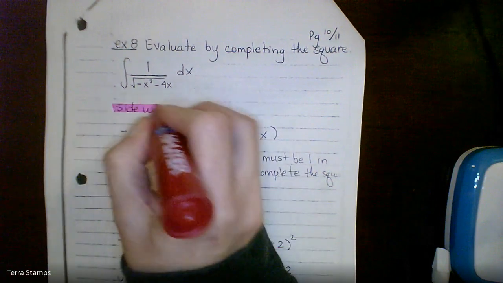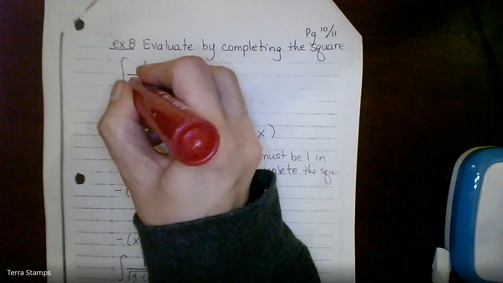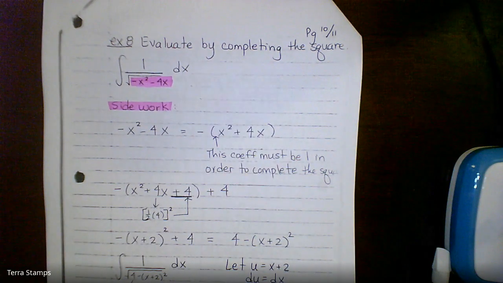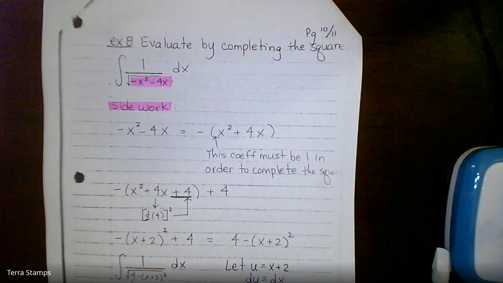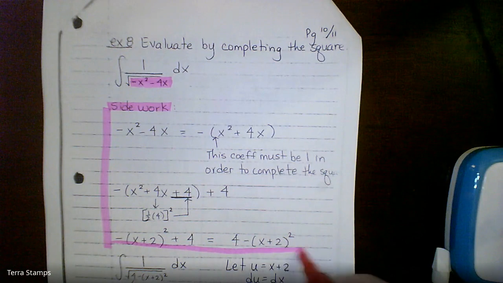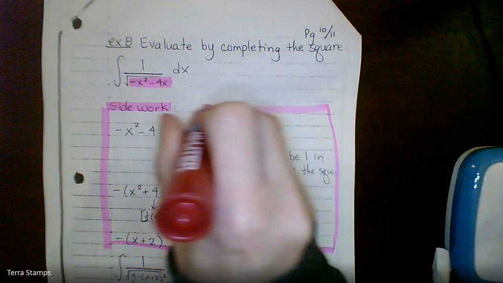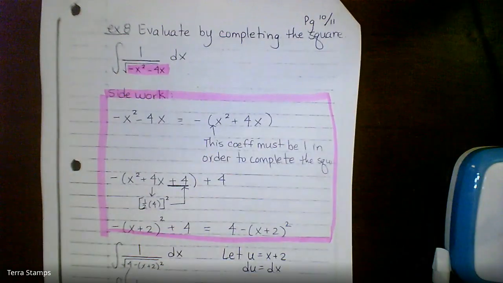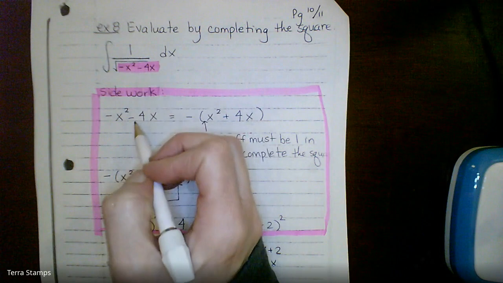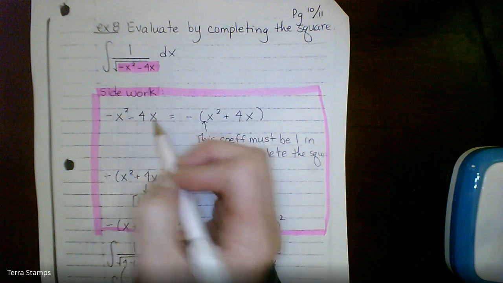So this side work right here, I'm just going to take that stuff out from under that radical and deal with that temporarily. All of that stuff right here is all of my completing the square. So I'm just going to pull this guy out and deal with him separately.